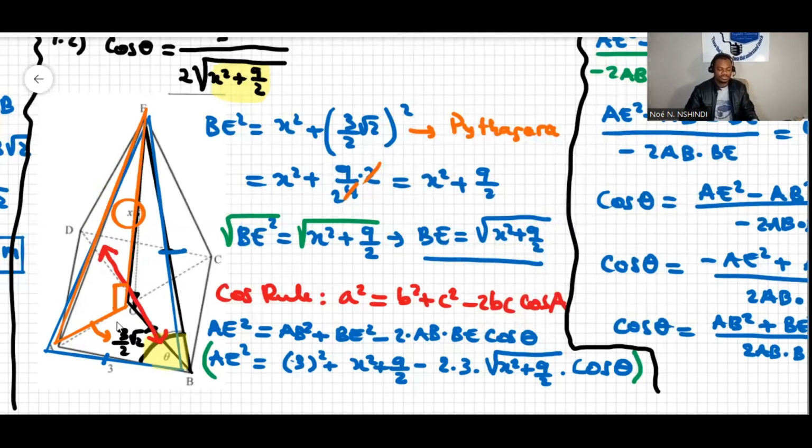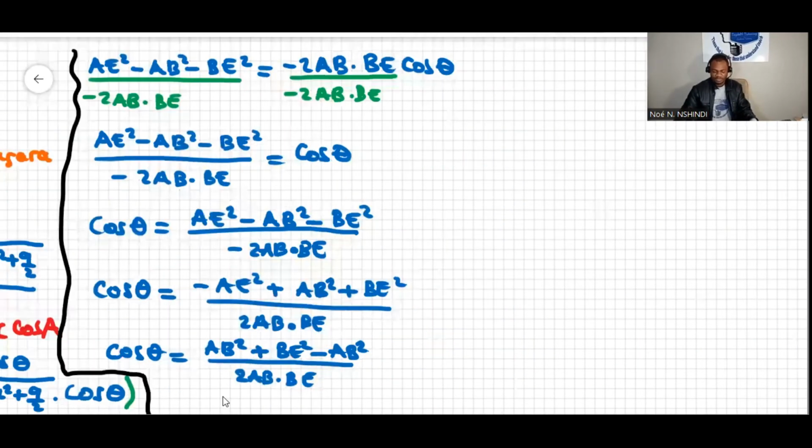So AE is equal to BE. So we can say over here that's AE, so minus AE squared. Now, what we can see is that AE, I'm going to write it here, AE equal to BE.